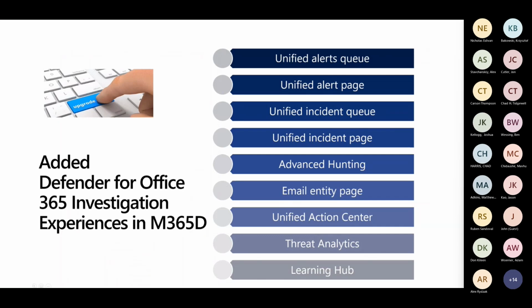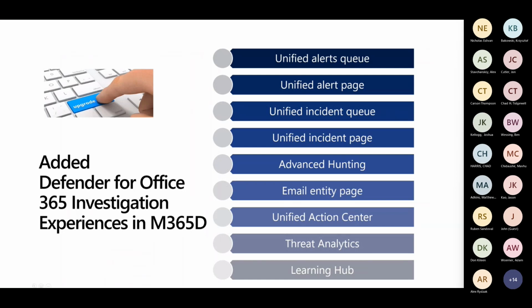Actually, they were talking about E3, E5. I put the academic stuff in there, and I made it a little bit more simple because in most cases, if you're getting Defender for Endpoint and Defender for Office, you've already got A5, whether it's A5 security or A5 all up. So I kind of took some of those pieces out of there.